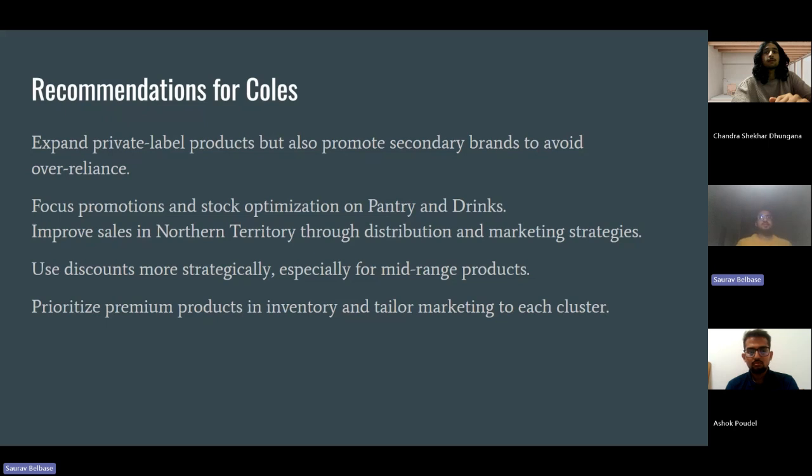Improve sales in the Northern Territory through distribution and marketing strategies, or supply chain management. Use discounts more strategically so that they help in greater revenue output, especially for mid-range products. And prioritize premium products in inventory and tailor marketing to each cluster, which means that we can focus on certain individuals or groups of individuals for a better marketing strategy.